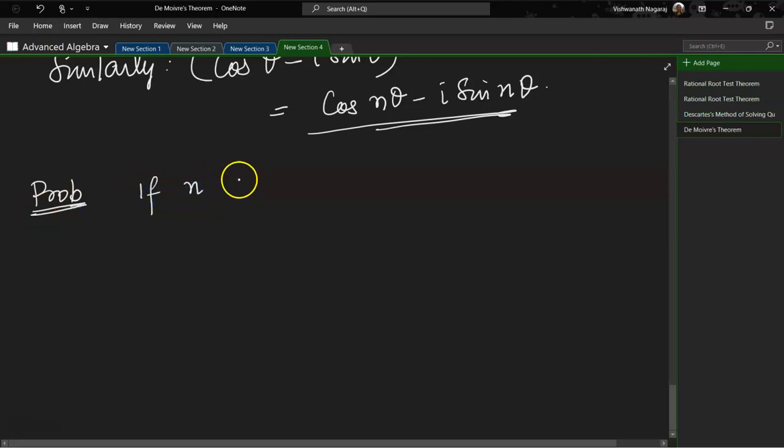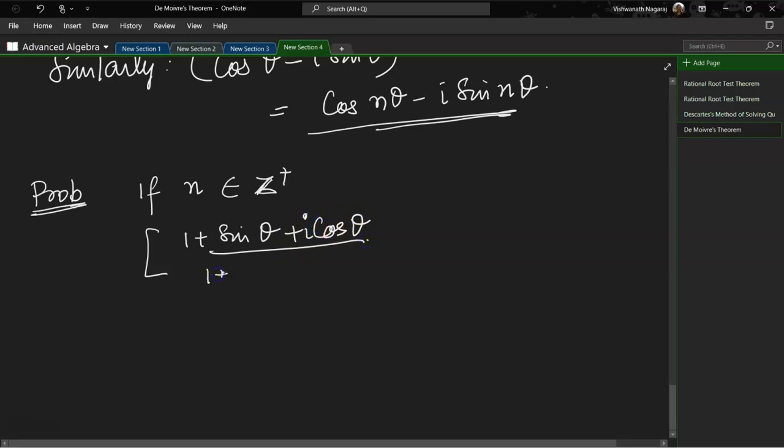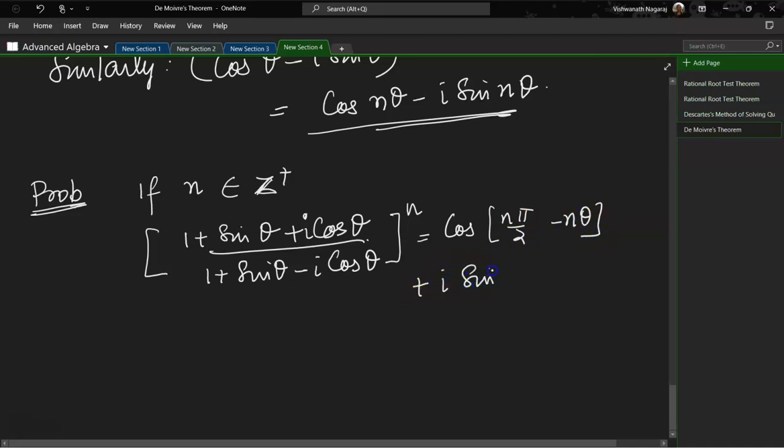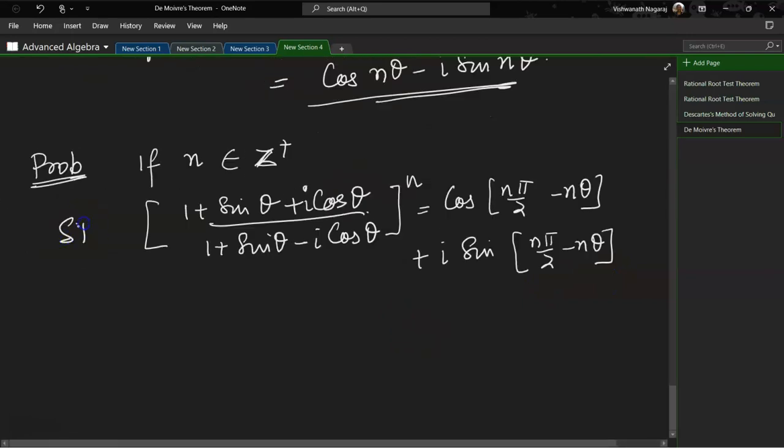If n belongs to Z plus, a positive integer, then (1 plus sin theta plus i cos theta) over (1 plus sin theta minus i cos theta), to the power of n, is equal to cos (n pi by 2 minus n theta) plus i sin (n pi by 2 minus n theta). We have to show that.